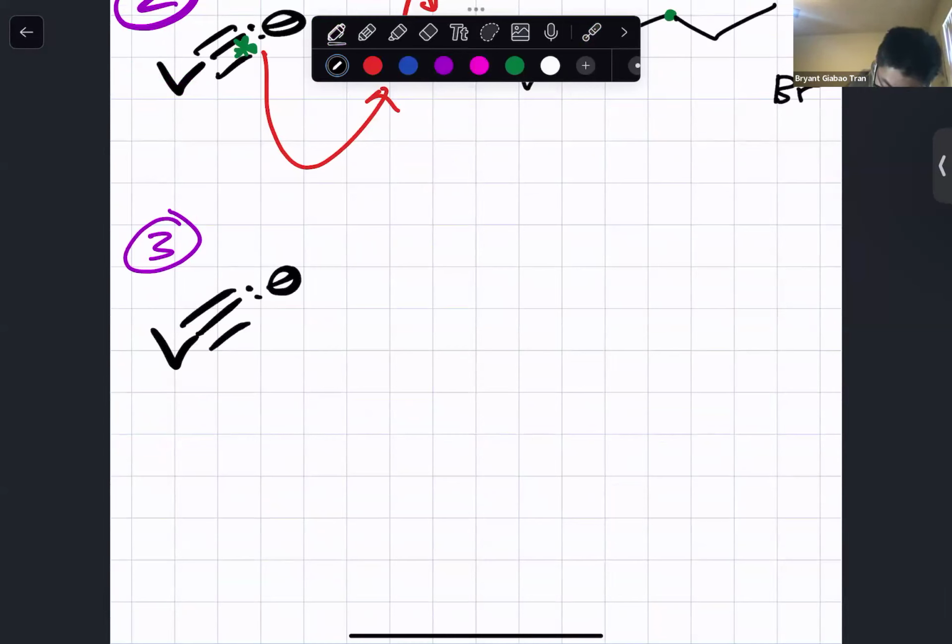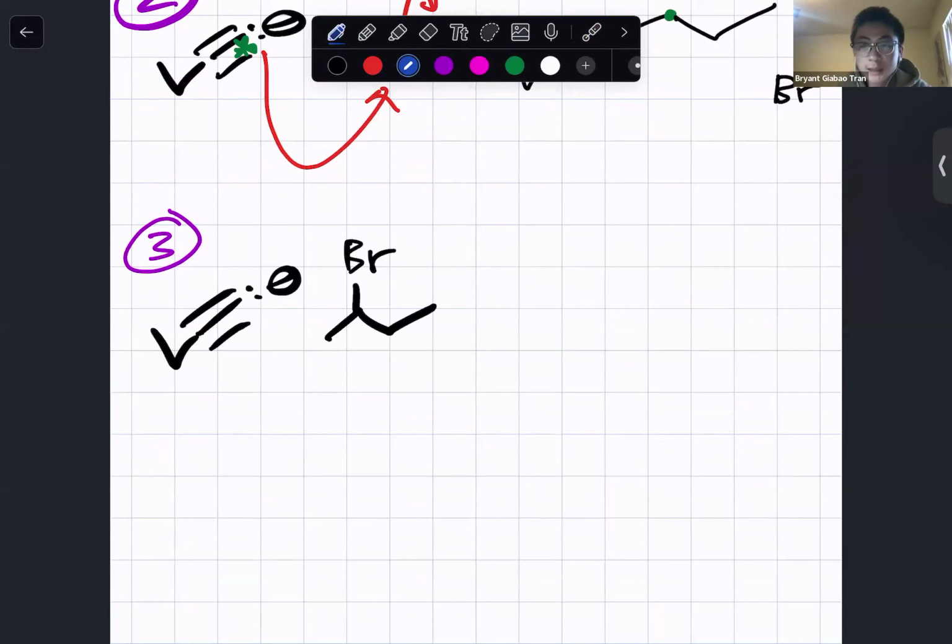So let's say we had a secondary haloalkane here. What do you think is going to happen for elimination reactions? What do we have to look out for? What kind of hydrogens, if this is an E2 reaction? Beta hydrogens that could do a hydrate. Right. Beta hydrogens that could eliminate and form the double bond, because that's the product of E2 reactions, forming some kind of pi bond, like a double bond, and kicking out the leaving group.